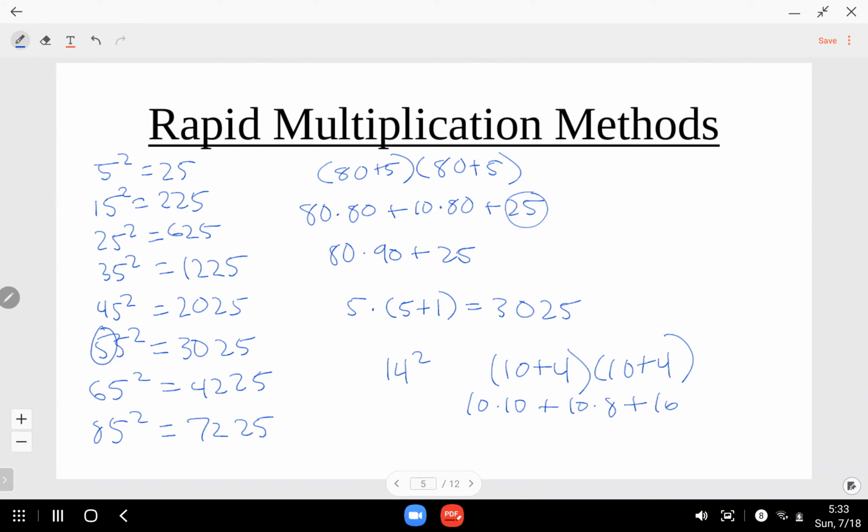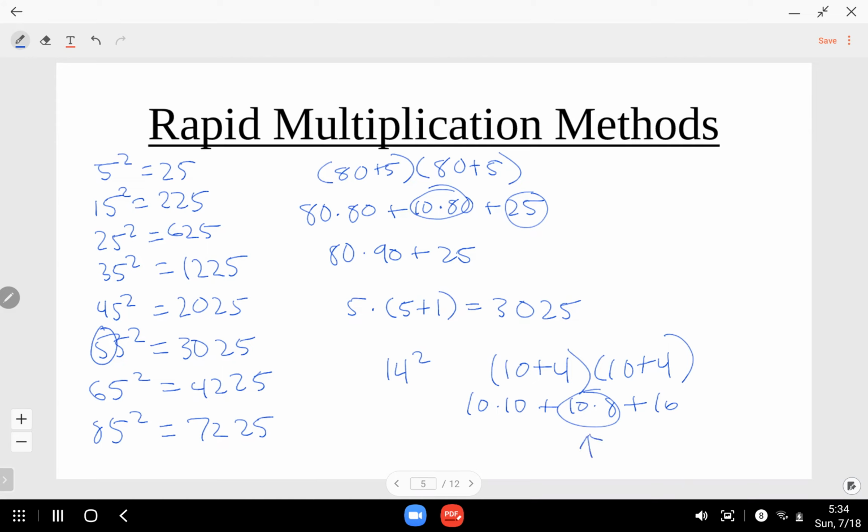But it's always faster with 5, because with 14 you're adding 10 times 8, but with 80 plus 5, when you're adding 4, you're adding that number times 8.